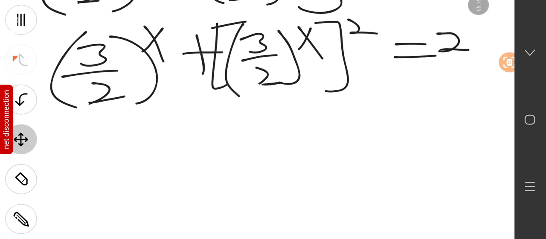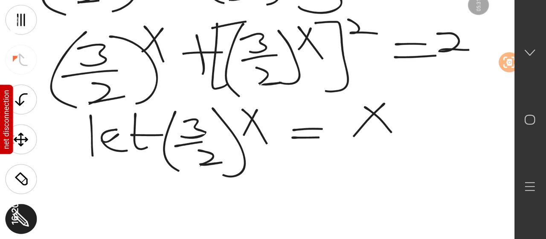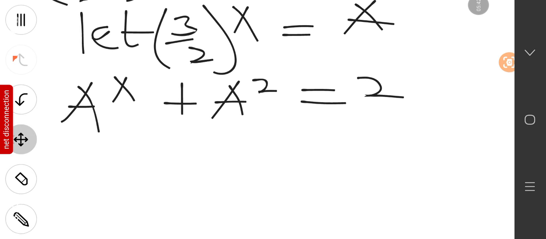All right, now at this point, you can see this term and this term are the same. So you can say let (3/2)^x = a. Our equation becomes a + a^2 = 2. So now we have a quadratic equation.